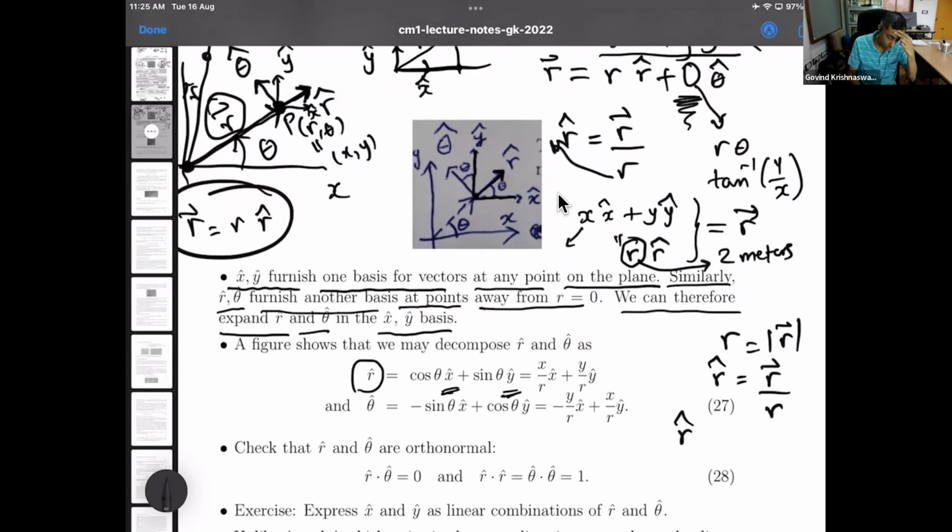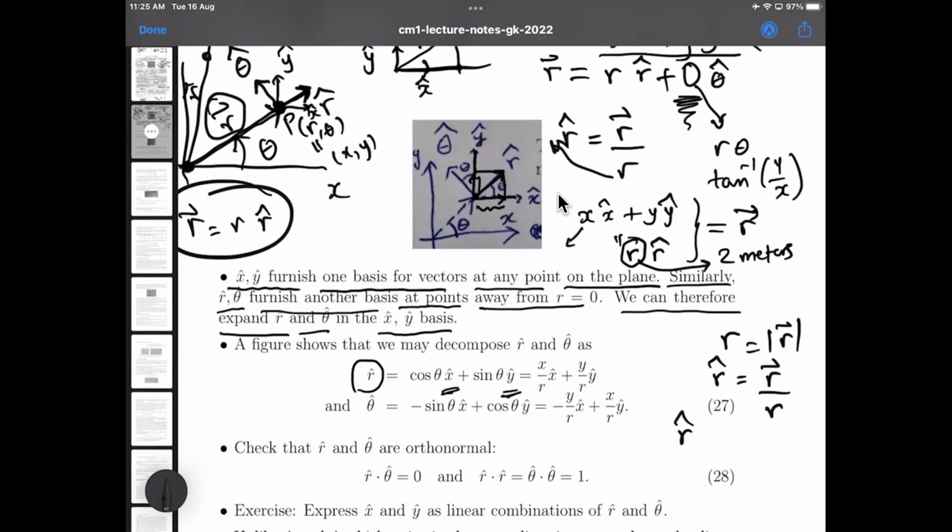Now we can look at the picture and immediately resolve r hat into its x hat and y hat components. You will notice that this distance is cosine theta and this distance is sine theta. What you have written is just rotating the x hat, y hat frame by angle theta. Yes, you are right.